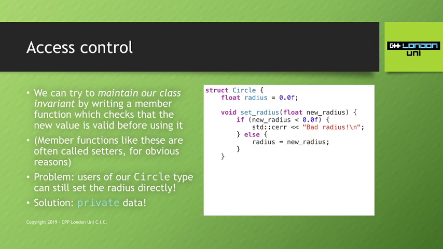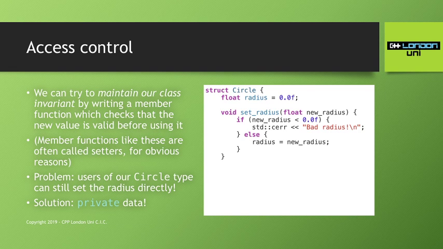So here's what I mean by the setter function. A function called setRadius takes a parameter which is the new radius. And we check, is the new radius that you want to set this to less than 0? If so, well, in this example, I'm just printing an error message. Maybe you'd want to throw an exception or something.